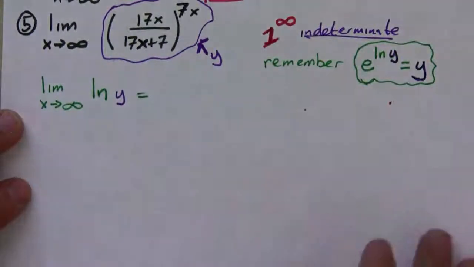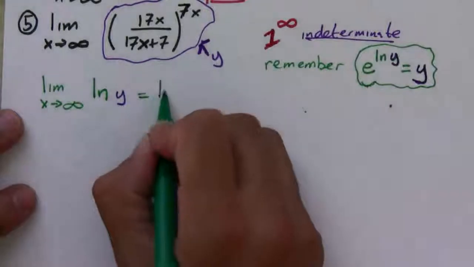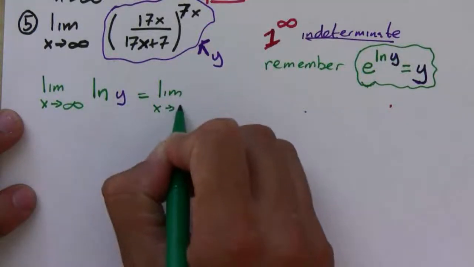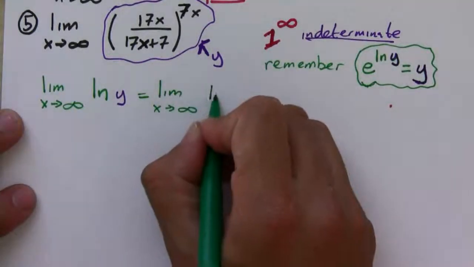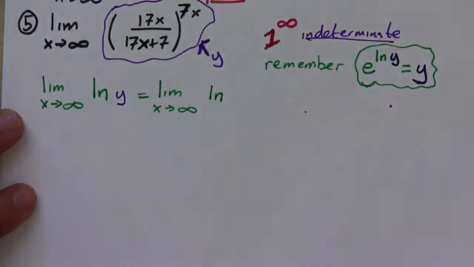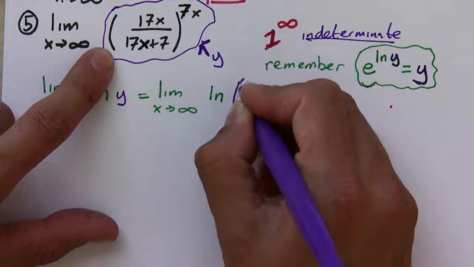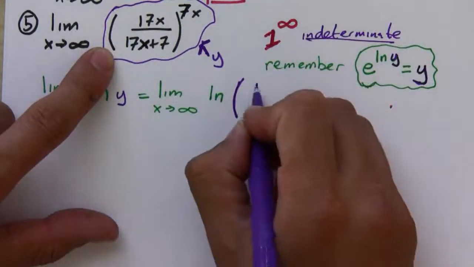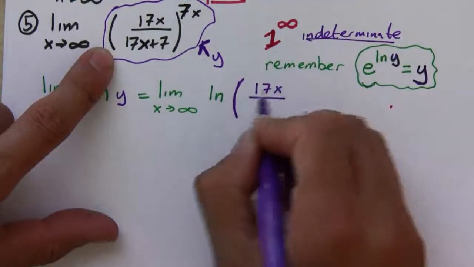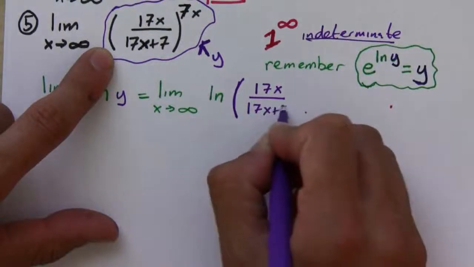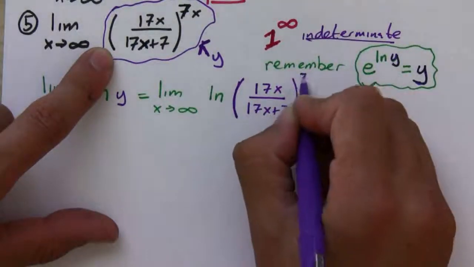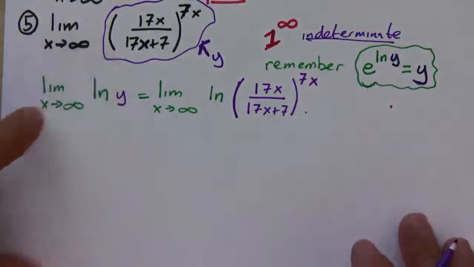So this is equal to the limit as x goes to infinity of natural log of y, where y is the stuff inside the purple bubble. So this is 17x over 17x plus 7, all raised to the 7x.